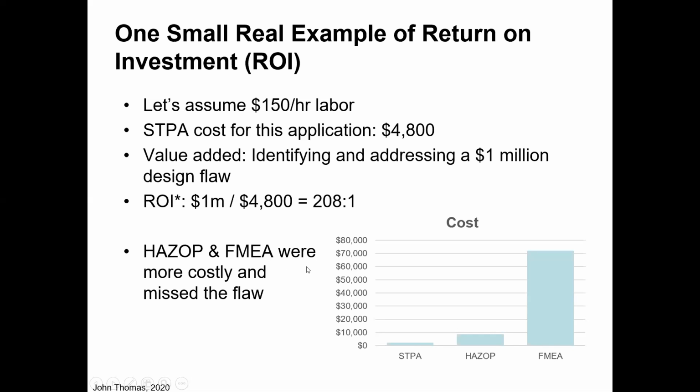HAZOP and FMEA were more costly, and they both missed the flaw. Here's the cost. STPA cost is very low. It's much cheaper than doing these other things, especially FMEA. And HAZOP and FMEA did not find the design flaw.